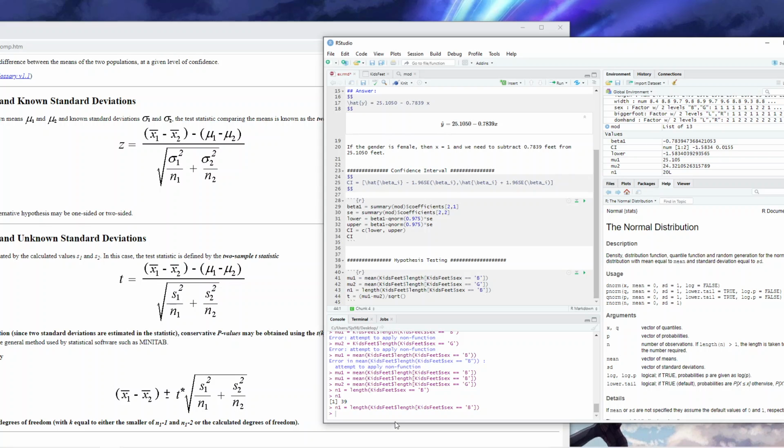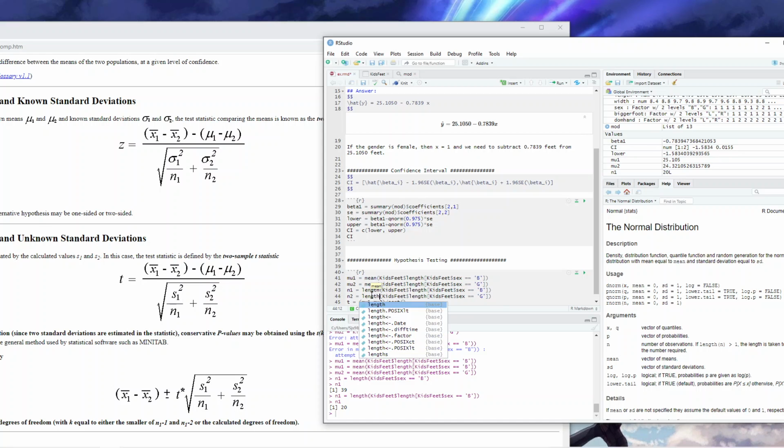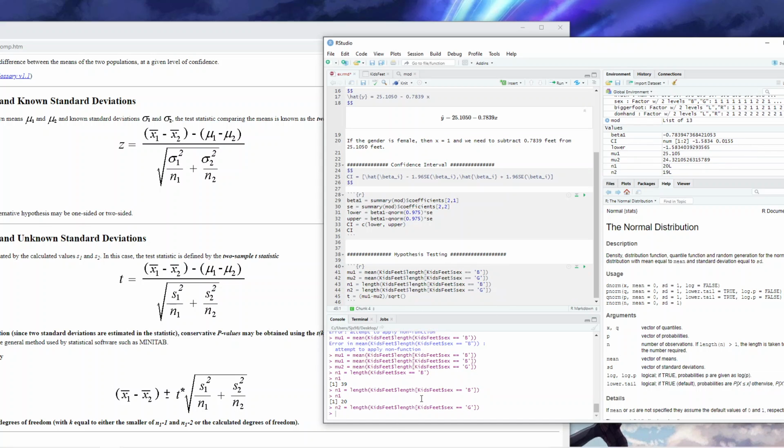Okay, let's see. Oh, it's 20. Okay, good. And I just need to change the length of that. So that should tell me there should be 19. Okay, good.